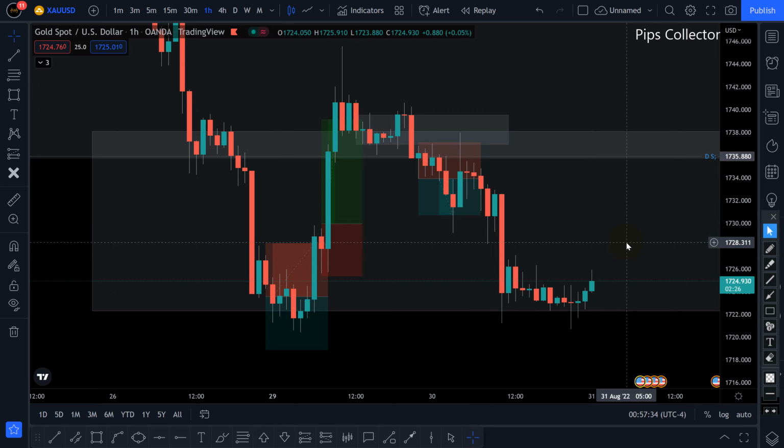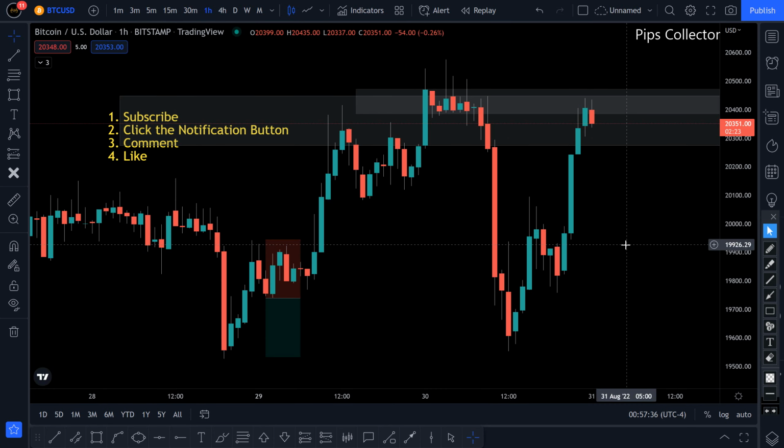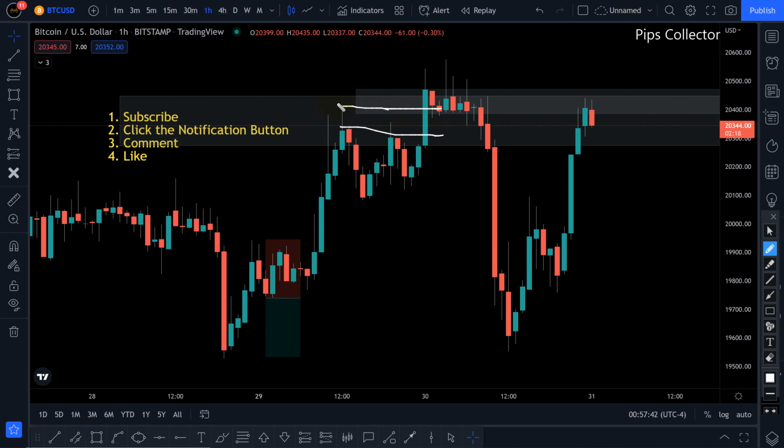Okay, then the next thing we are looking at is Bitcoin. On Bitcoin, I was looking for buys above this level, which we got a bullish breach, this one. However, at the resistance that was created here, price was breaking above but failing to close above. First try, second try, third try, no reasonable bullish breakout.